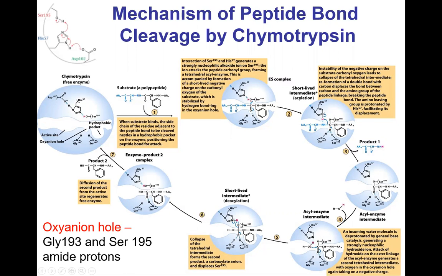And that serine hydroxyl is again being assisted by the same histidine residue in the form of a general acid. So it picks up a proton and then you form the product, the second product also dissociates, and now you have formed the free enzyme. And this cycle of acylation and deacylation keeps on happening.